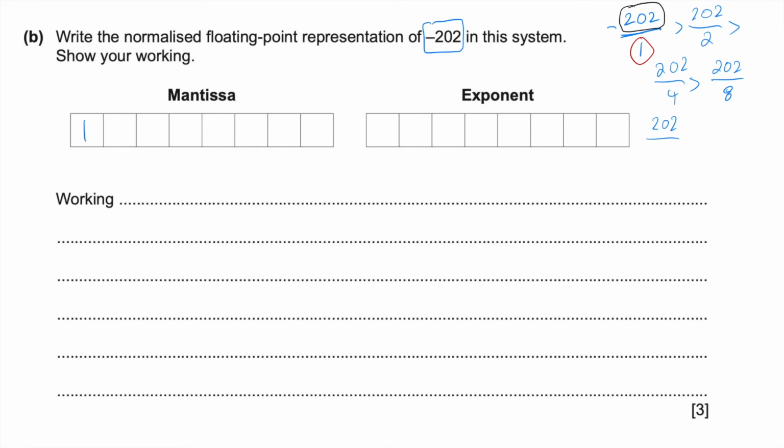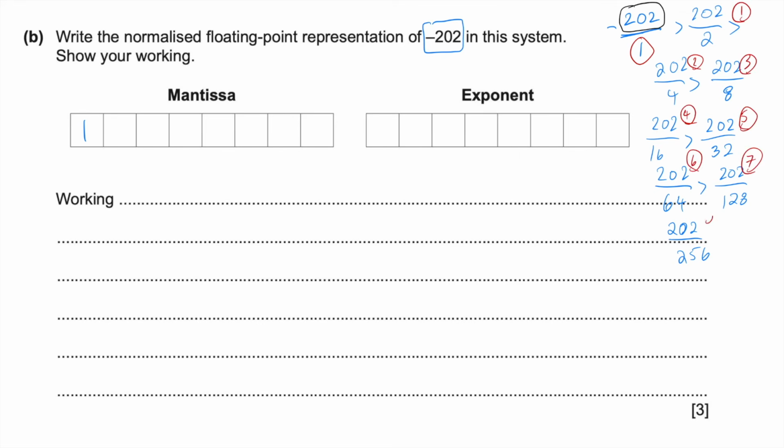I'm kind of doing this because it's easy to get confused otherwise in this process. 202 over 16, 202 over 32, 202 over 64, 202 over 128, and 202 over 256. So we can go and count these up. This was the first time, and 8. So we multiplied it 8 times. So that means that our exponent is just going to be 8. So 1, and then all of these are going to be 0.